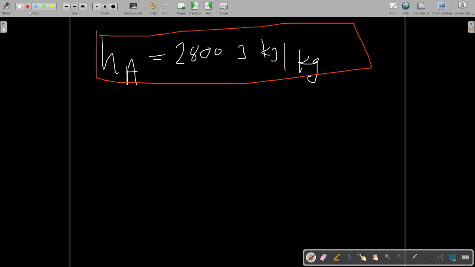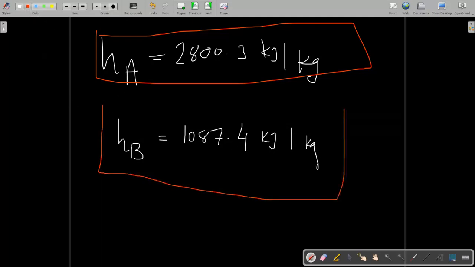Second, HB, the enthalpy of water at 40 bar as a saturated liquid, is 1087.4 kilojoule per kg. Now our work for this 35 marks numerical is almost 70% solved just by finding enthalpy.